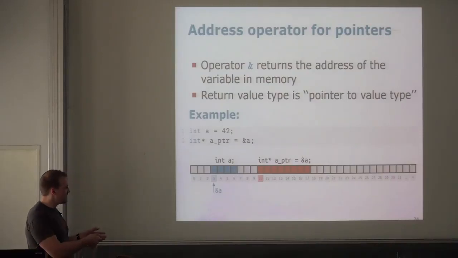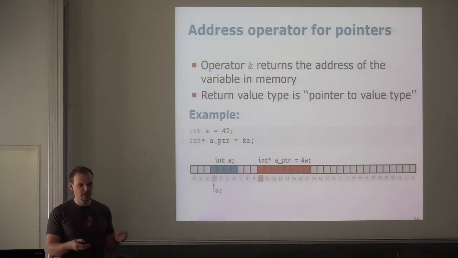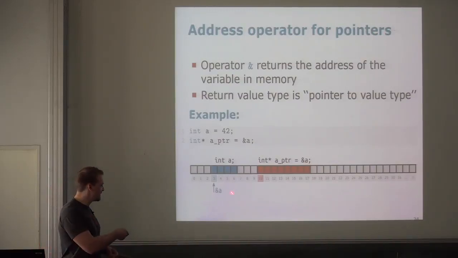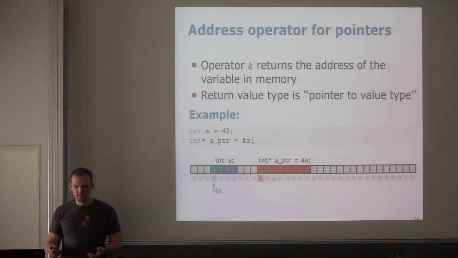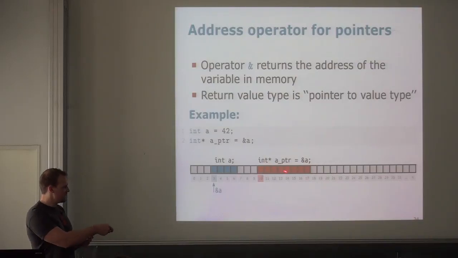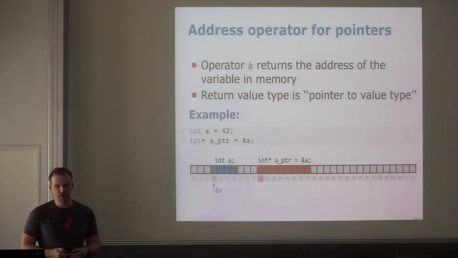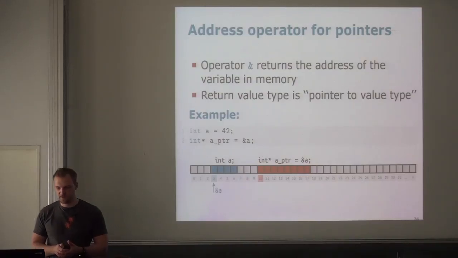Okay, so this is the memory that we use to store the pointer itself. And this pointer itself stores the value of the address of A. And that's it. So that's kind of what it's all about. Pointers are usually 8 bytes. So we have 8 bytes for a pointer, and we have 4 bytes for an integer, and that's that. I hope that is clear.